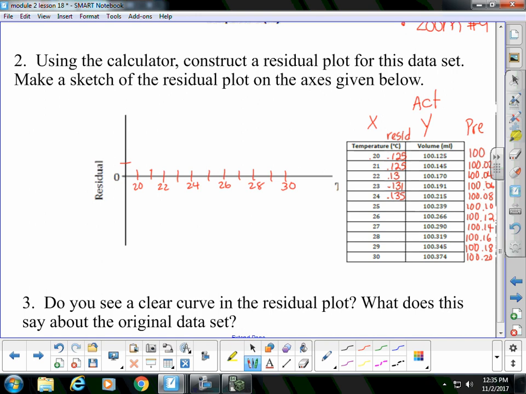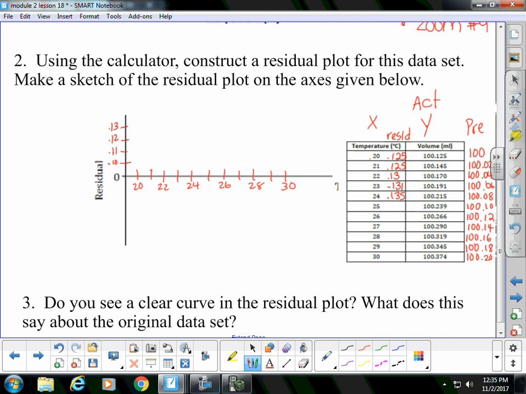So I'm going to say like 0.10, 0.11, 0.12, 0.13, and so on. And I'm wondering if any of these are going to be negative. No, they're not. All of the numbers in the predicted are all smaller than the ones that are in the actual. So they should all come out to be positive.